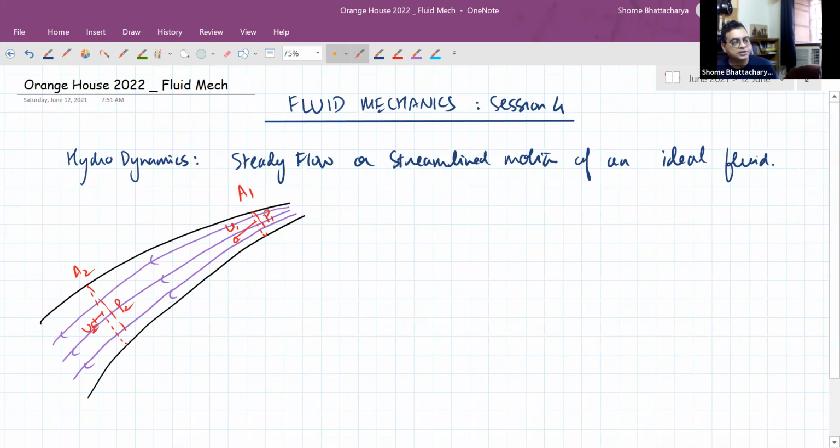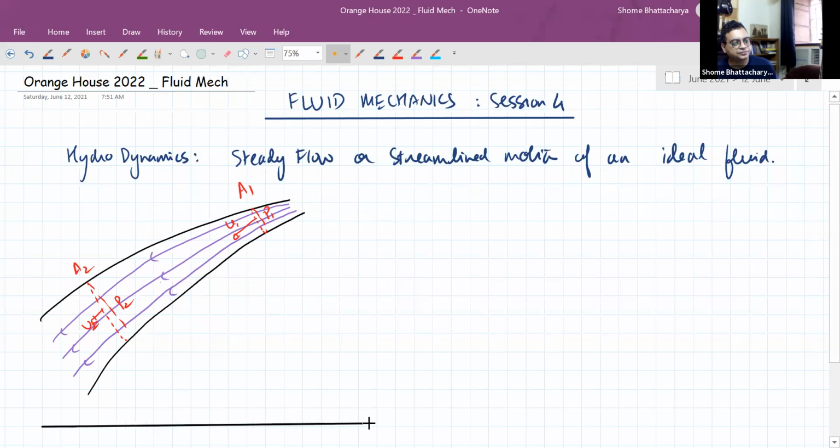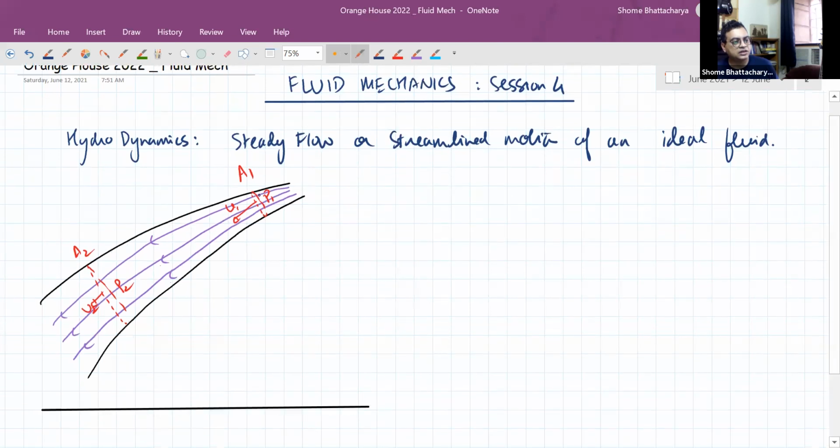And also, with respect to some standard horizontal reference level, the vertical heights of these sections are H1 and H2.